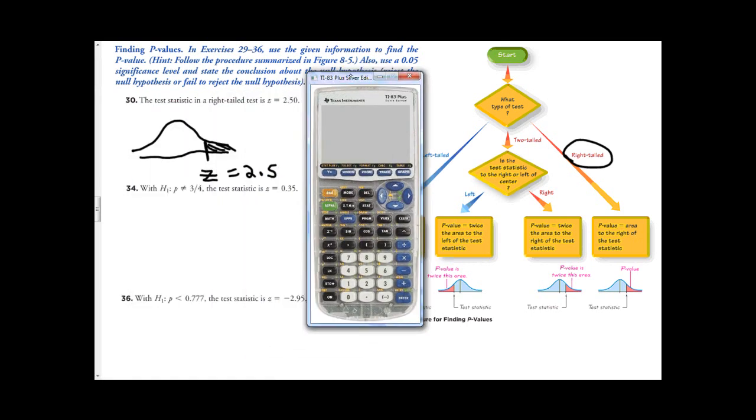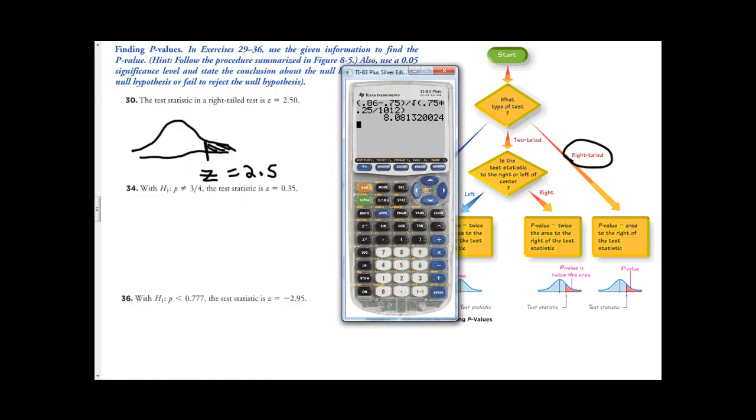So we come here, and we're not finding inverse norm now because we're not looking for a z-score. We have a z-score, and we're looking for an area or a percentage probability.